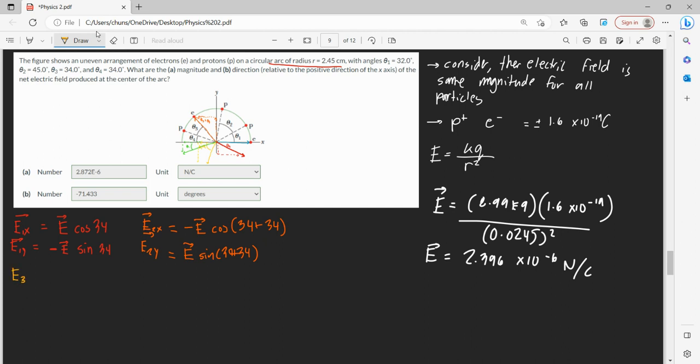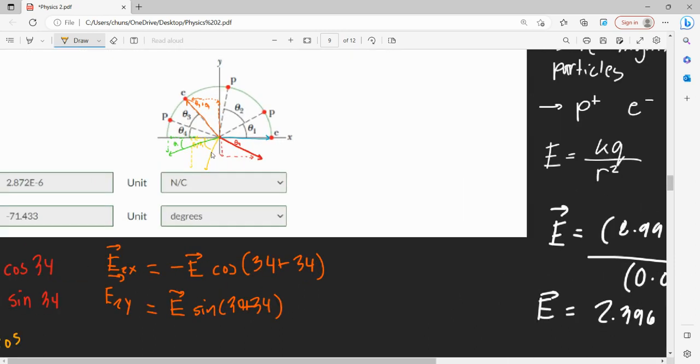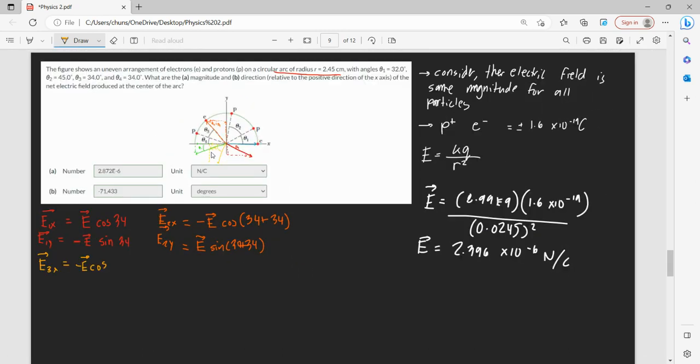Then for E3, in our x direction, we have negative y and negative x, negative E cos of angle 2 plus angle 1, so that's 32 plus 45.